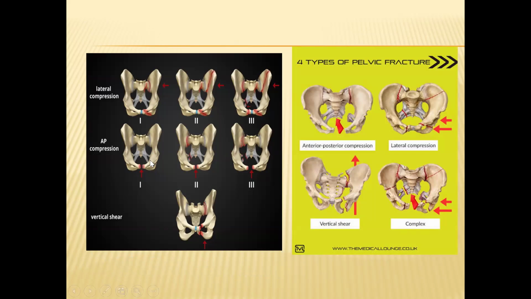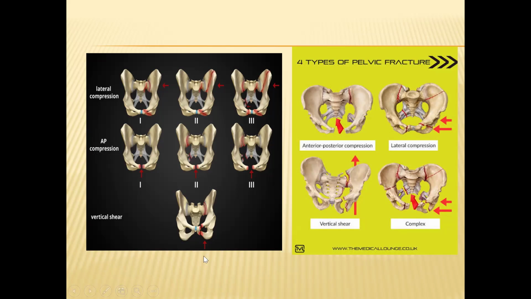And anterior posterior compression can be further divided into 3 classifications, depending upon the disruption. So we can see in the picture lateral compression, anterior posterior compression, and vertical compression.